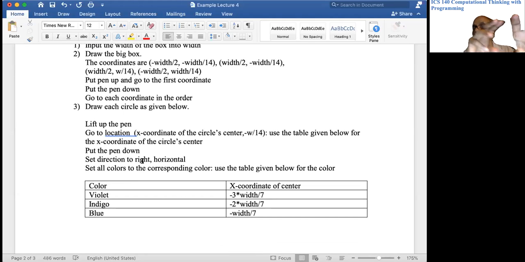And I will copy and paste that code, adjust the coordinates, adjust the color. I will get all the circles drawn correctly. So you need to plan your program well. So let me go ahead and show you the code.